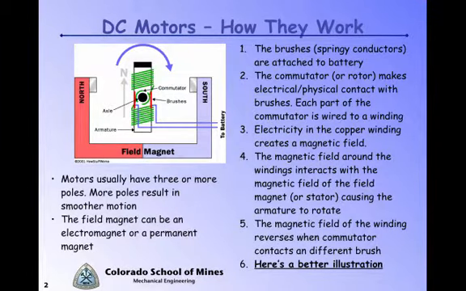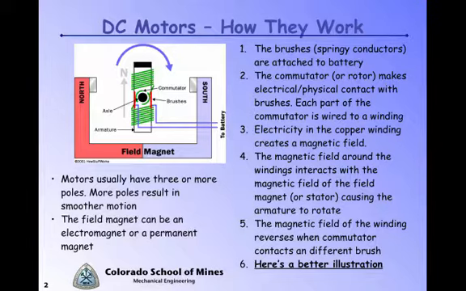Here's a graphic that shows you the layout of a DC motor. In particular, the rotor is there, as you can see, and a set of brushes in contact with a commutator. And as you can recall from your physics, when current flows through a loop of wire, there is a field, an electric field that's generated.